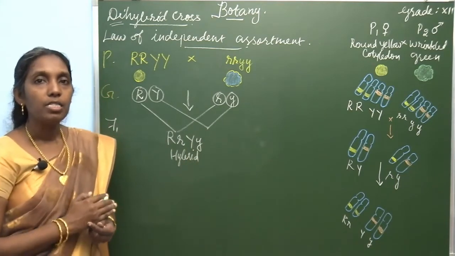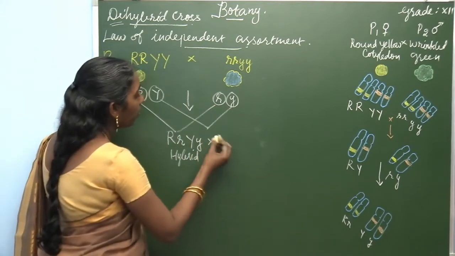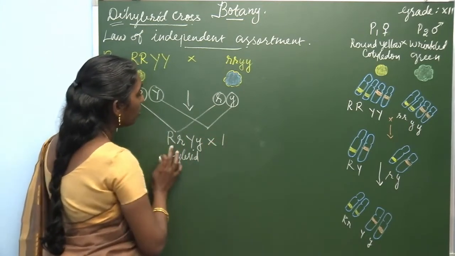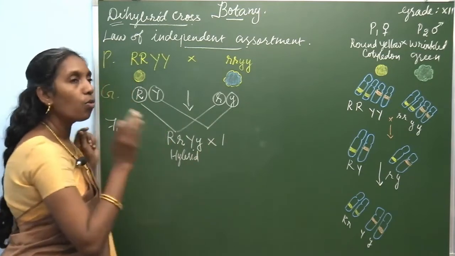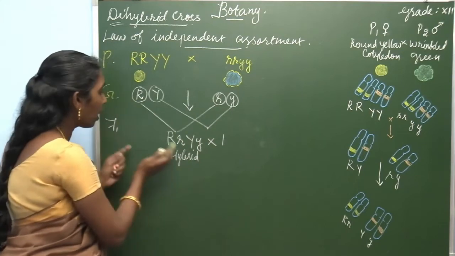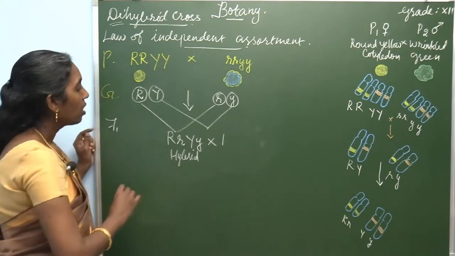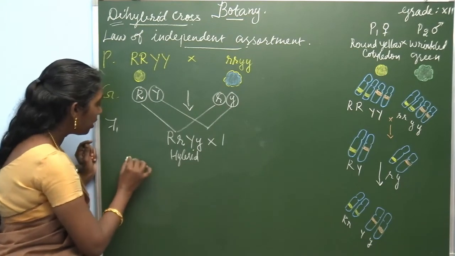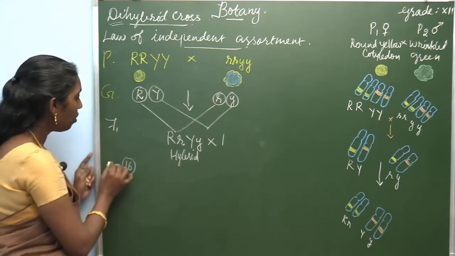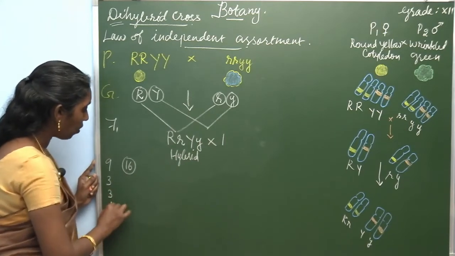The F1 hybrid is self-crossed. When we self-cross this F1 hybrid, that is, a cross between F1 hybrid and F1 hybrid, it gives 16 different individuals in the ratio 9:3:3:1.